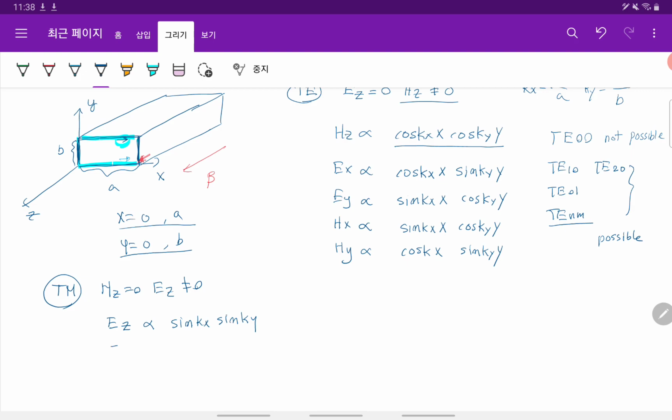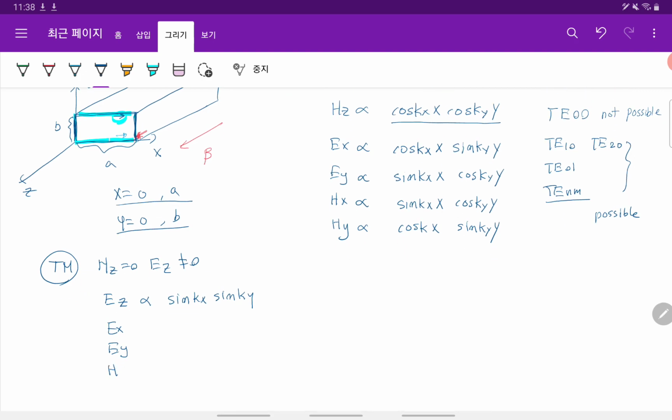And then the others, Ex, Ey, Hx, and Hy, should follow from this.